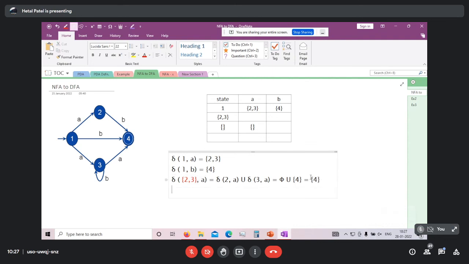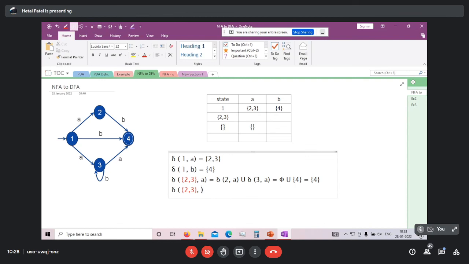So this state 4 is not a new state, it is already there inside your finite automata or NFA, right? If we are constructing a new state, then only find out the transition for the new state. Now one more movement is remaining. What will be the next step?